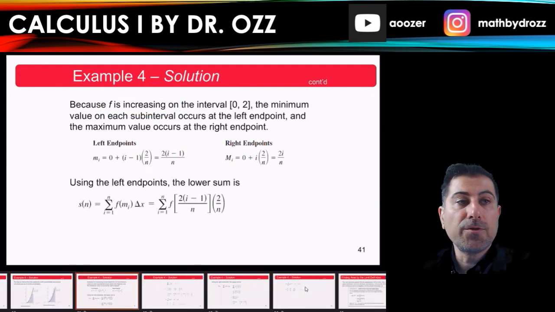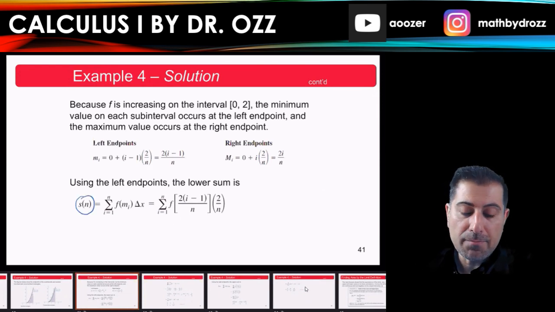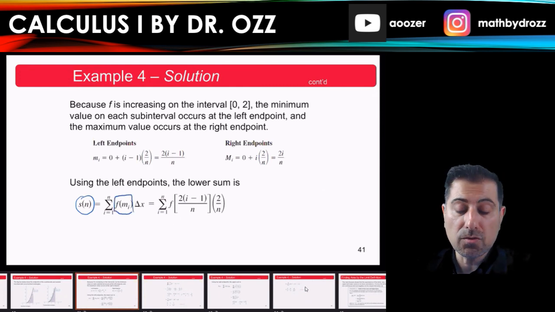All right, let's first write the lower sum. That's essentially little s of n. So we're using little m sub i, so f evaluated at little m sub i is the height of the inscribed rectangles. Multiplying that by delta x is going to give you the area of the ith inscribed rectangle. And if you take the summation from 1 to n, you're going to get the lower sum.